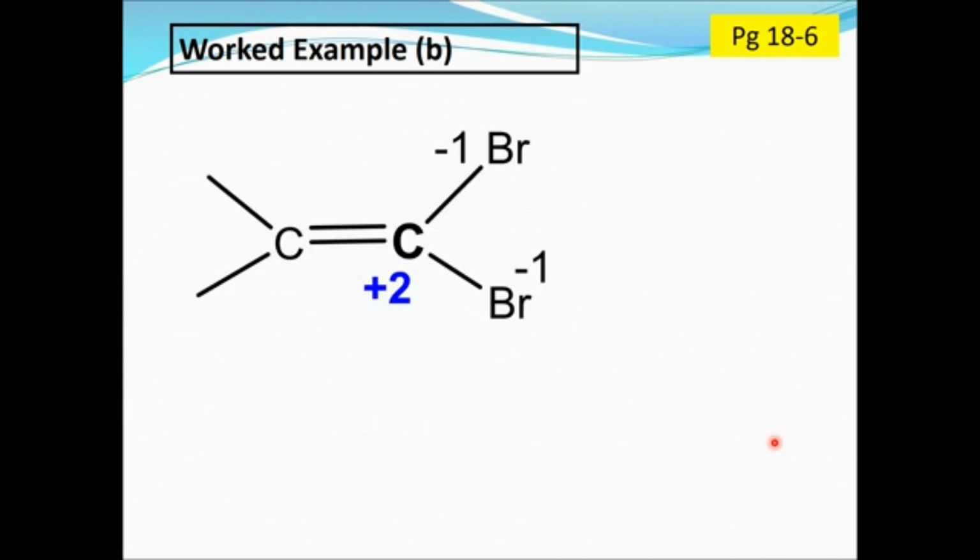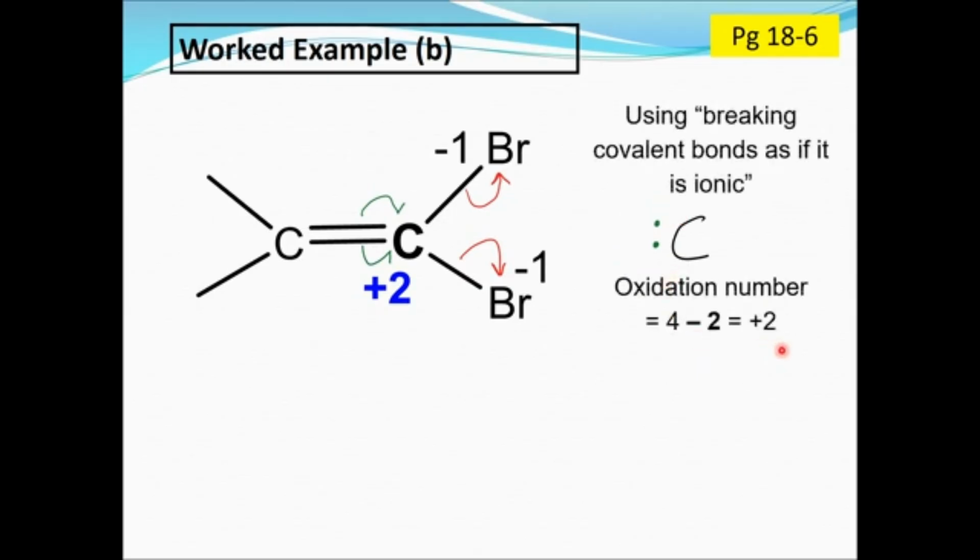So worked example part B. The carbon, the answer we have will be +2. It's because of the Br bonds, they are -1. If you take the method of breaking the bond as if they are ionic, considering the electronegativity, both electrons are gained from the CC double bond. Out of these 2 electrons, it's supposed to have 4 valence electrons. But there's only 2 electrons remaining, so you give it a +2 charge.